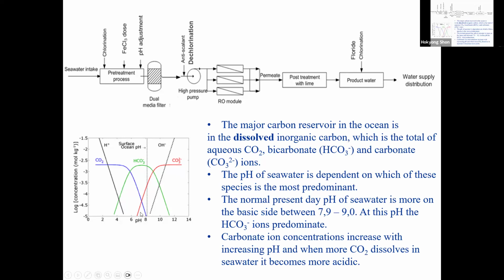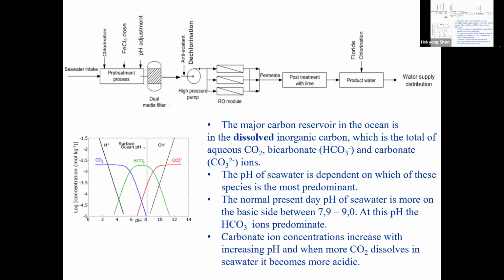At a pH of 6, you also have this HCO3 bicarbonate, but at a pH of more than 8.5, you will have carbonate concentration. And when you have a pH less than 4, CO2 just dissolves directly in seawater.